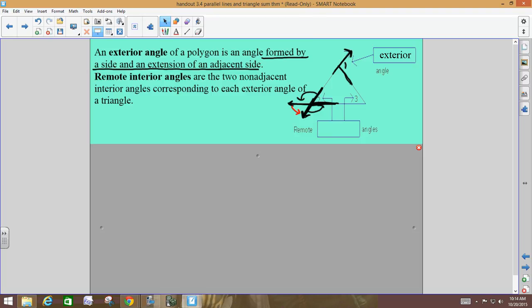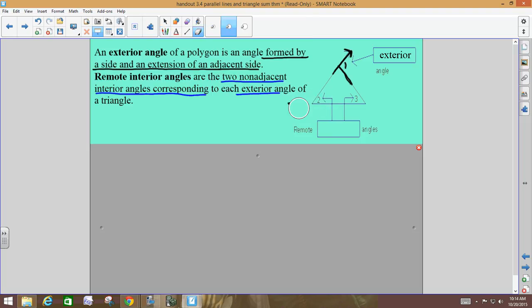Remote interior angles, then, are 2 non-adjacent interior angles that correspond with each exterior angle. Remote interior. Since we're talking about triangles, we're going to have one exterior angle, and then the remote interior angles are going to be the other 2 on the inside. The interior meaning inside.